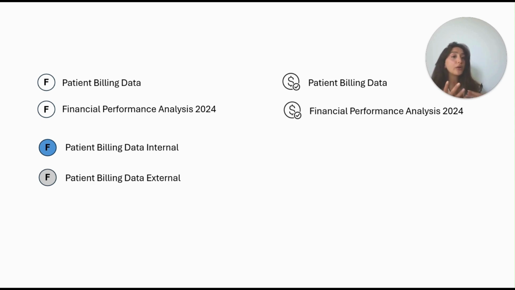You can play with the colors if you have internal data, or let's say you have external data as well that needs to be shared. So if you want to differentiate between those two workspaces, you can add maybe a blue for everything that is internal within the finance department and gray for everything that is external for the finance department. So these are easy and quick tips on how you use workspace images to quickly know what this workspace is about.